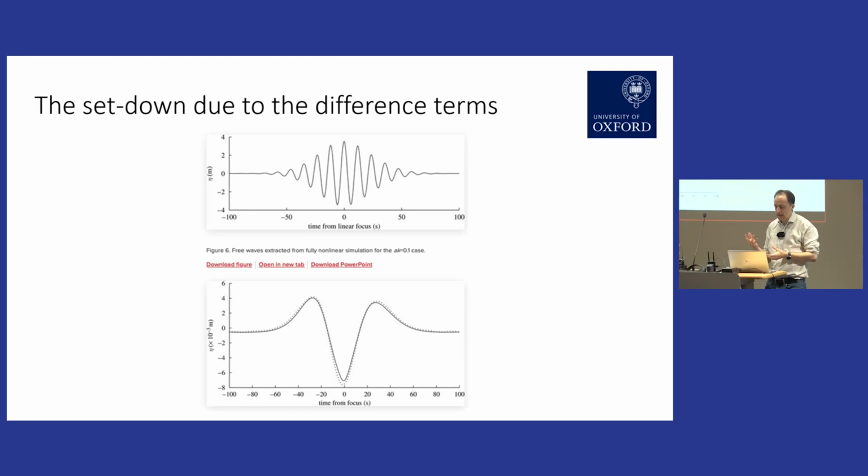And why do we get that? Well, that's actually one of the few things where I can sort of give a bit of a physical explanation and don't just have to rely on the maths. If we've got a wave group like this, and so we've got a large wave in the middle of something, that wave is going to be transporting water to the front of the wave group.